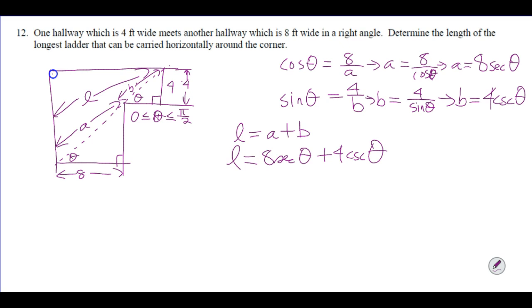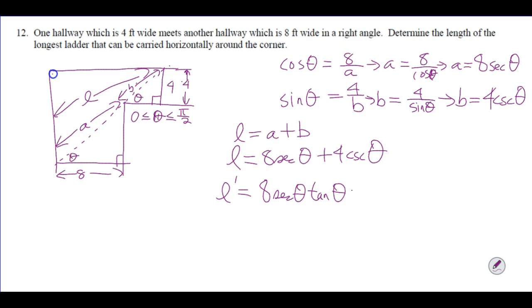And we want to maximize the length, so we take the derivative, L prime. Thankfully, we have a formula sheet, because nobody remembers that the derivative of secant is secant tangent. So 8 sec theta tan theta plus 4, oh, not plus though, because the derivative of cosecant is minus cosecant cotangent.